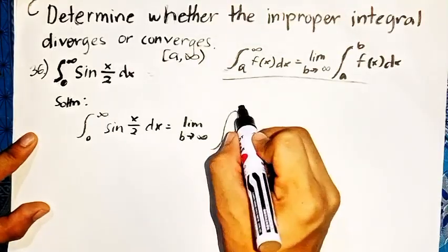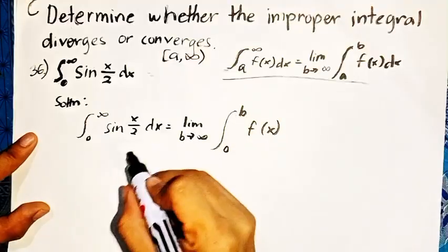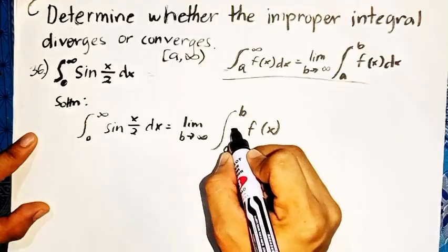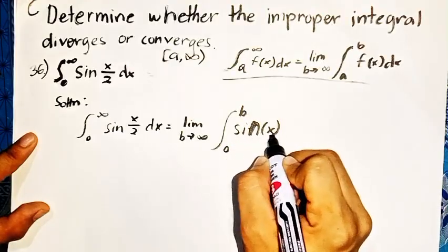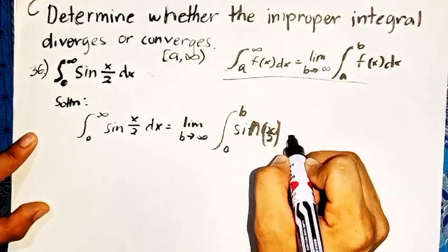So from 0 to b, our f of x here is sine x over 2 dx.